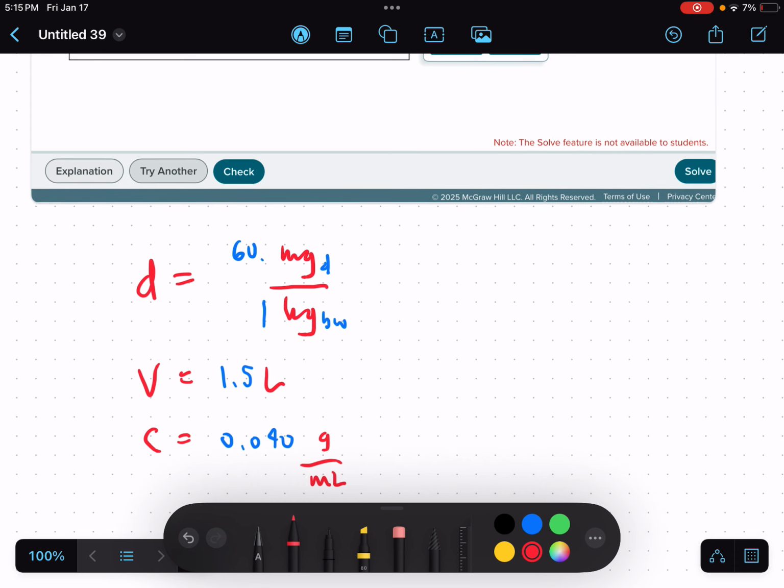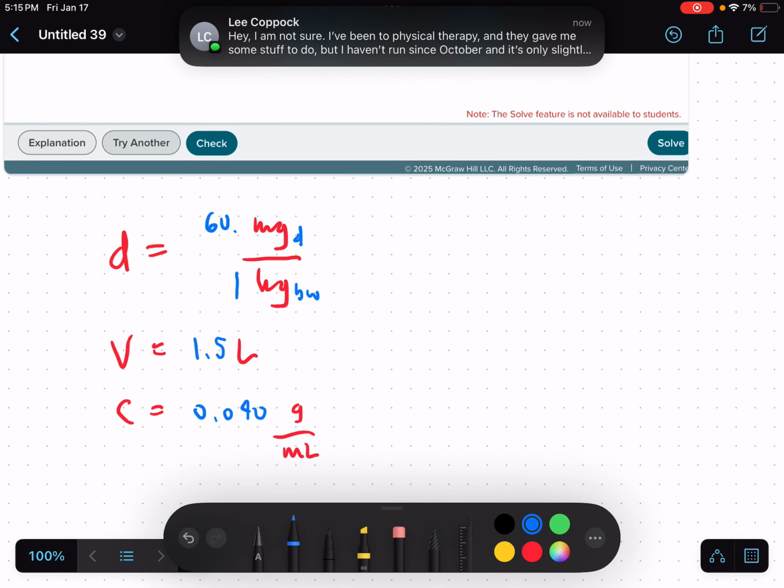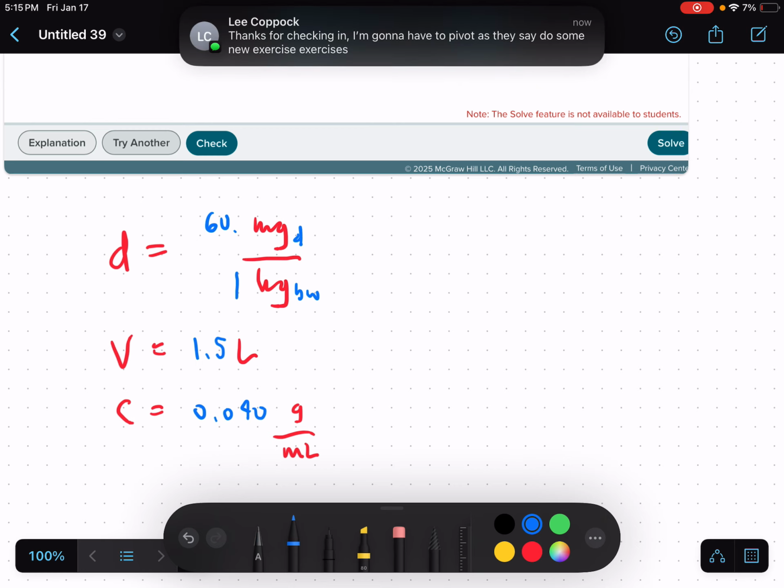All right. Now, I've got to make some notes here because this is going to be scary. And this is probably why students struggle with it. All right, 1.5 liters of what? That's of the drug or of the solution. I'm not sure what to put. Let's put drug.